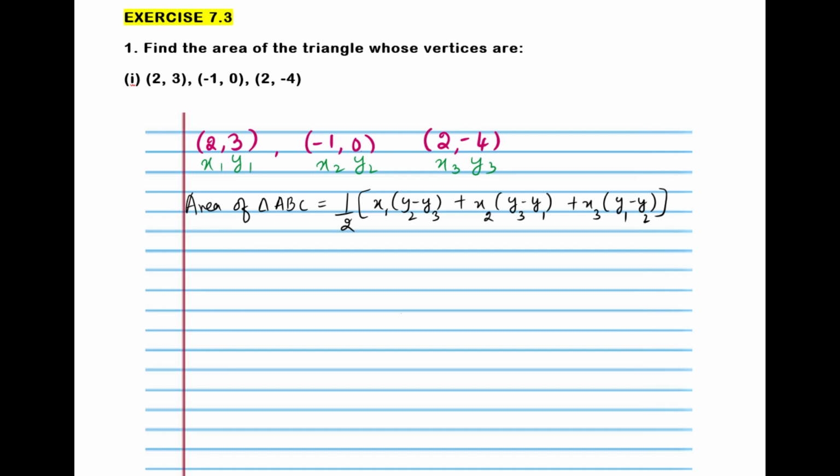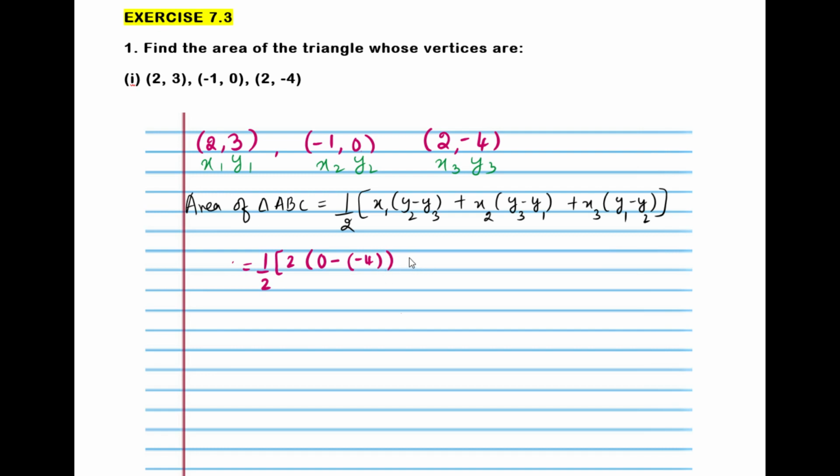Now what is the next step? The next step is to substitute the values x1, x2, x3, y1, y2, y3. That is, area of triangle ABC equals half into, what is x1? x1 is 2. What is y2? y2 is 0, minus of minus y3, which is minus 4.